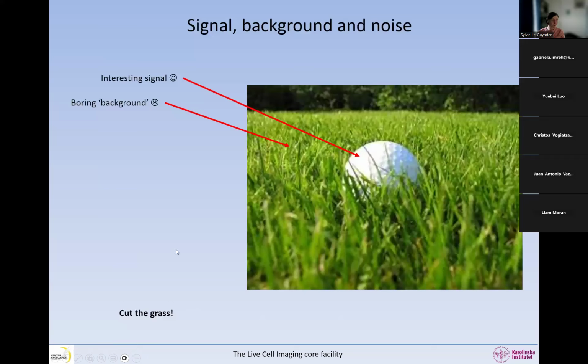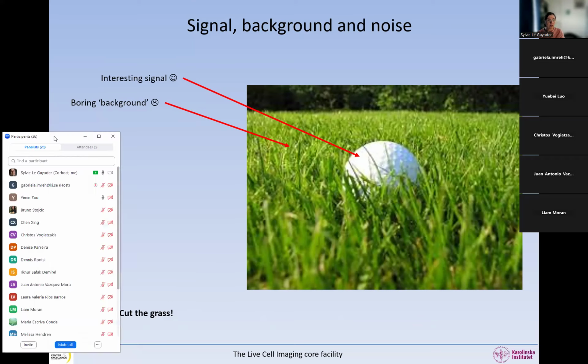Sorry. Can I ask a question? Please. Do we have a setting on the camera-based microscope to check the saturation? Yes, absolutely.